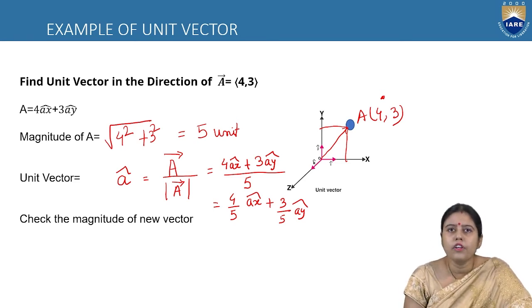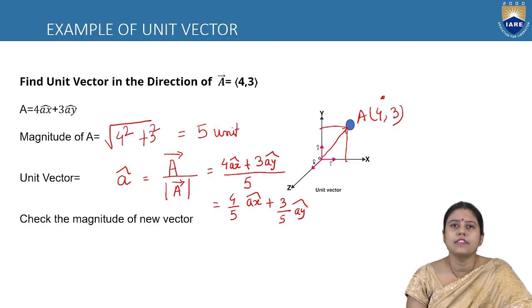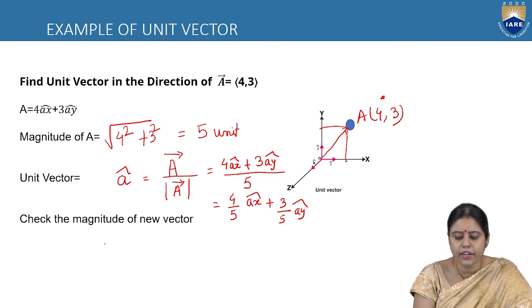According to the definition, a unity vector has some direction, and we know the direction now, and it has some magnitude, and the magnitude is always 1 or unity. So let's check the magnitude.